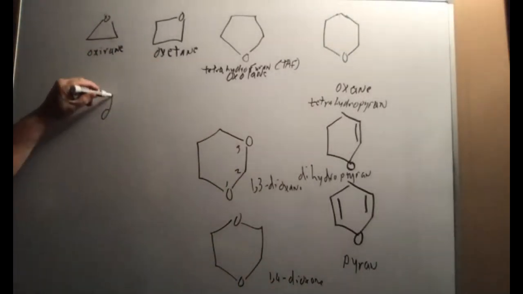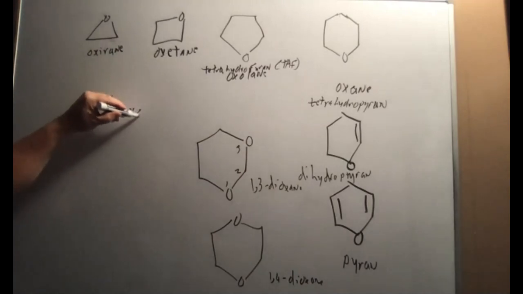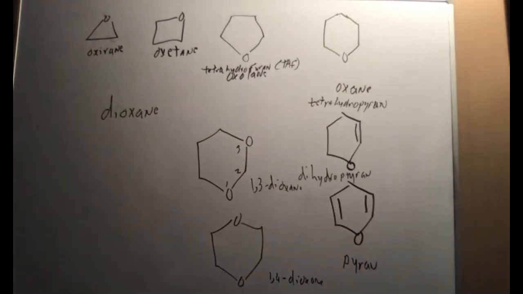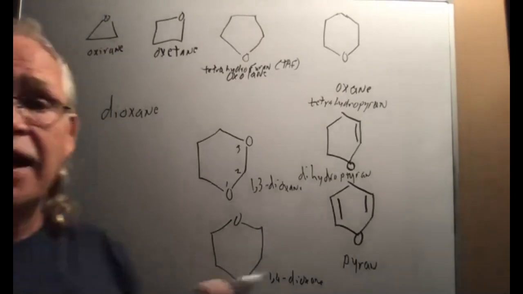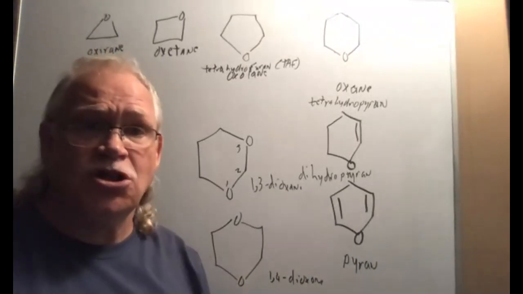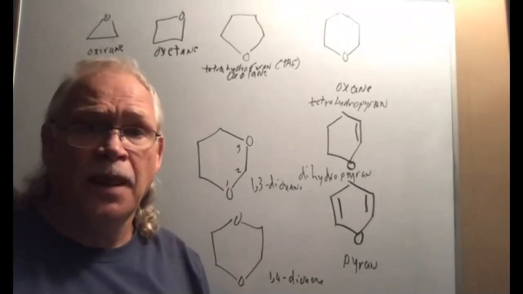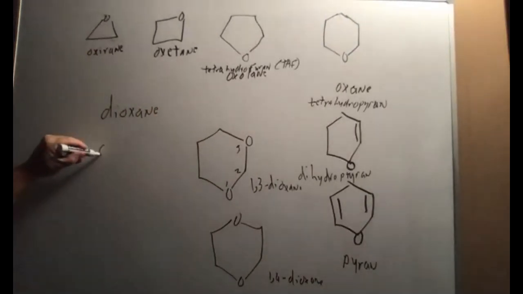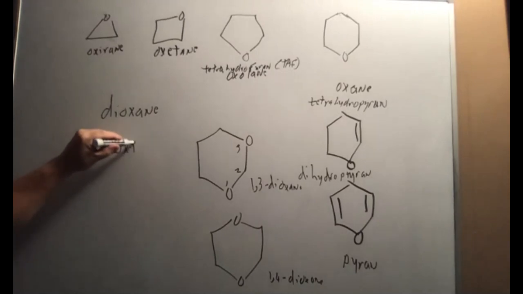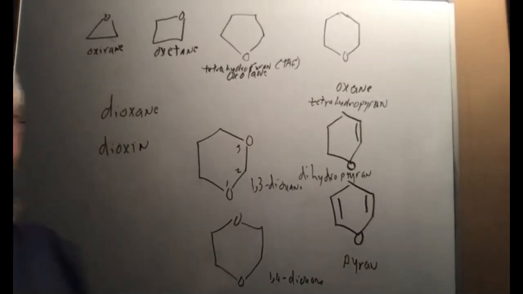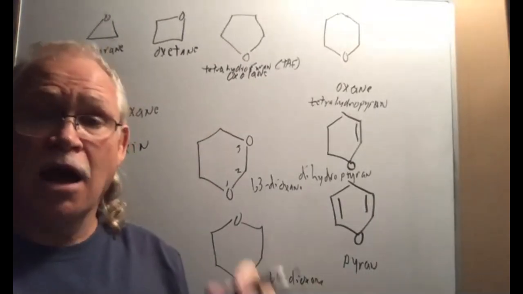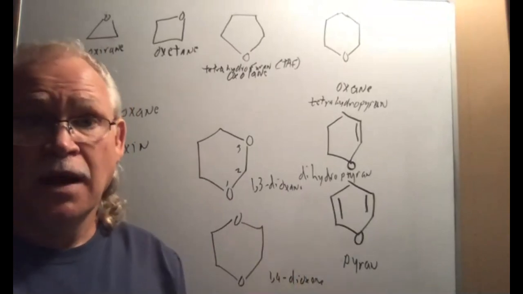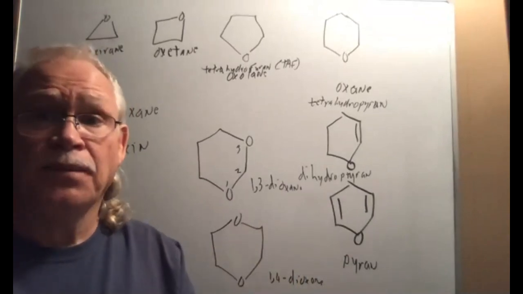It is spelled D-I-O-X-A-N-E. Pronounce that to yourself. Say it out loud. You don't have to open your mic. Just say it out loud where you are. Dioxane. Now, I want you to pronounce this word, D-I-O-X-I-N. Dioxin. They sound a lot alike.